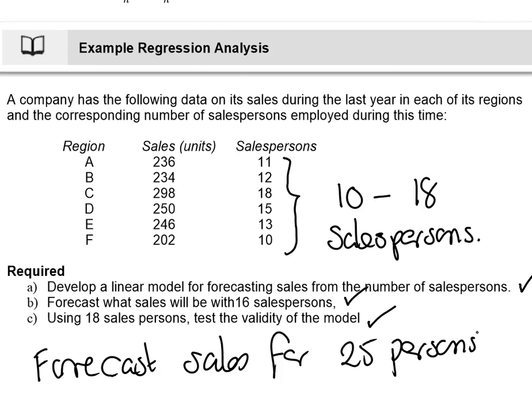Are the relationships between sales and salesperson still valid when you start to have a critical mass of, say, over 24? I don't know. It always bears looking at if we're going to extrapolate outside the range. Does the model still hold true?